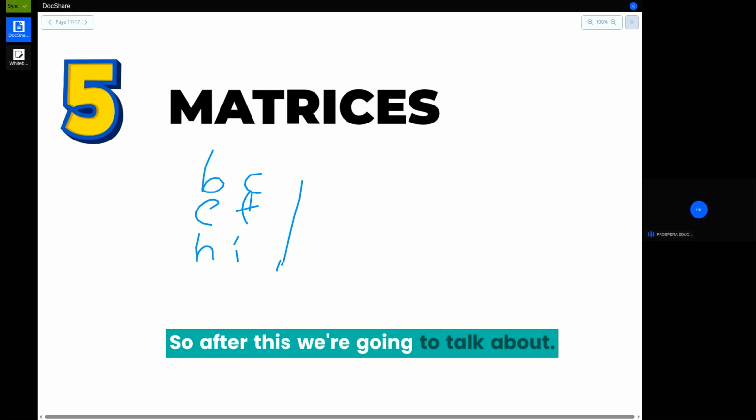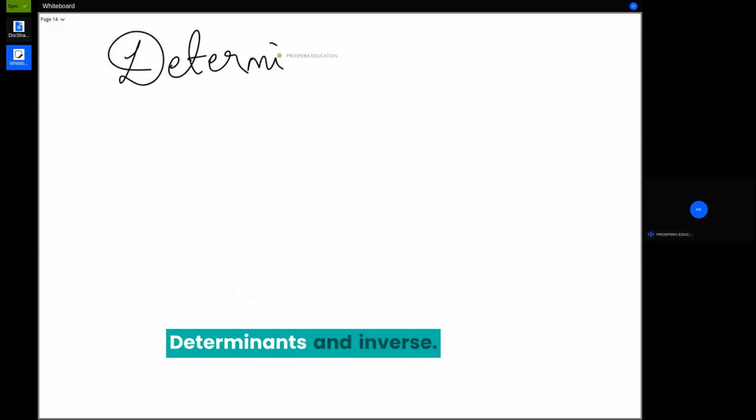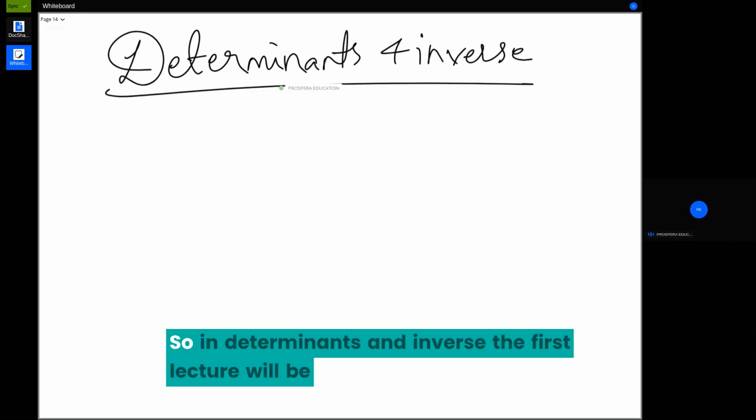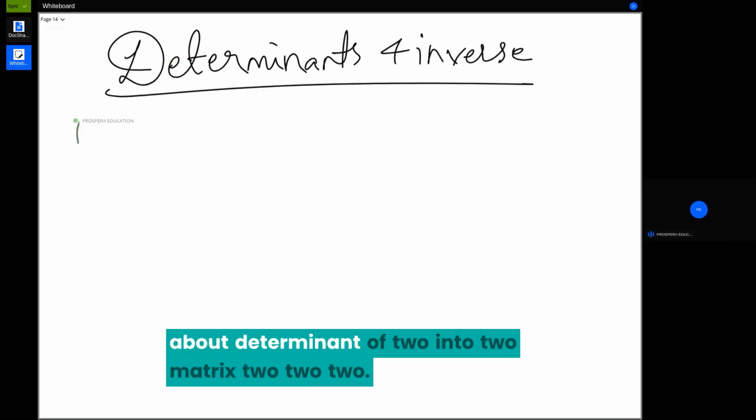So after this, we're going to talk about determinants and inverses of a matrix. This is another module, determinants and inverse. So in determinants and inverse, the first lecture will be about the determinant of a 2 by 2 matrix.